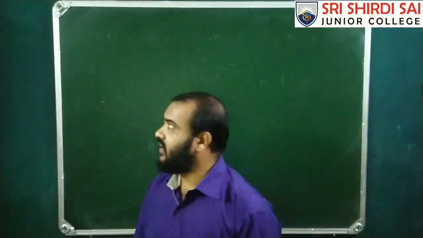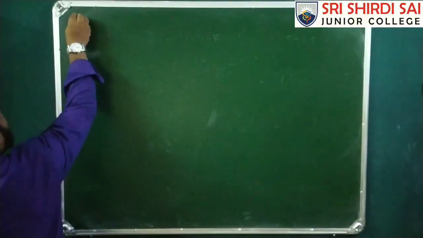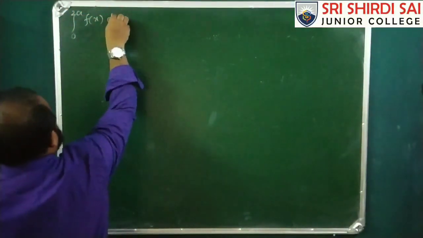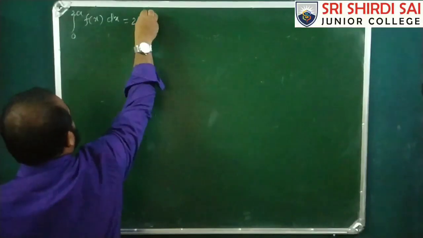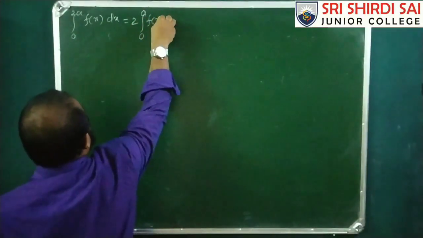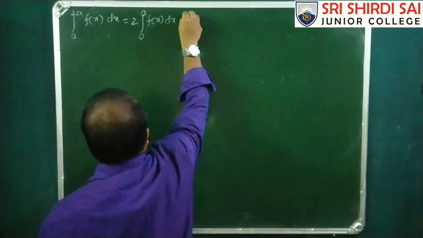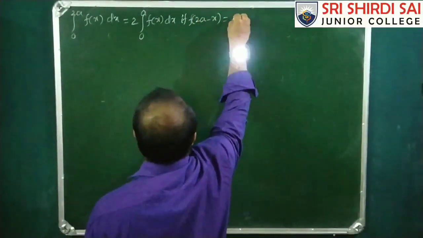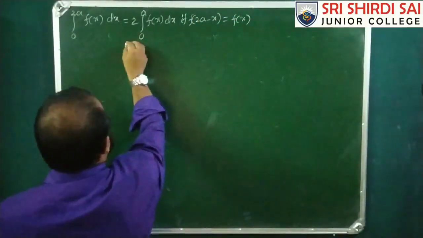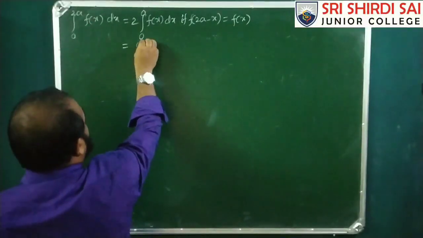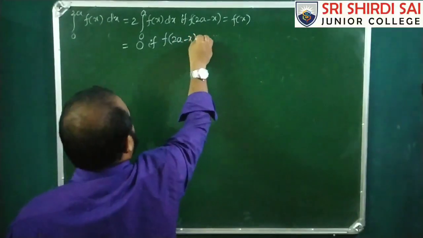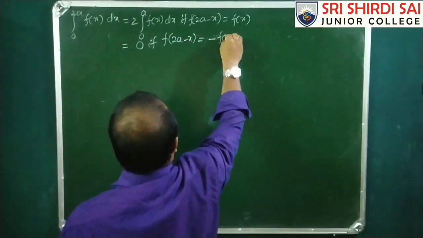Next property is integral 0 to 2a f(x) dx is equal to 2 integral 0 to a f(x) dx if f(2a minus x) is equal to f(x), and the same value is equal to 0 if f(2a minus x) is equal to minus f(x).